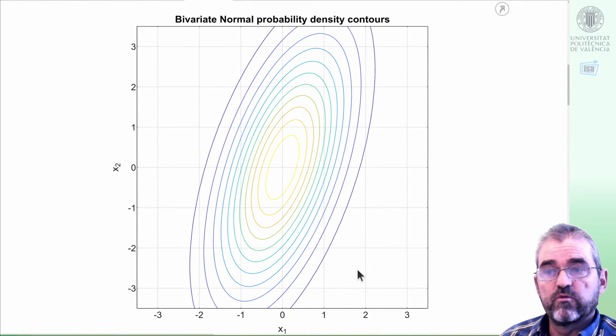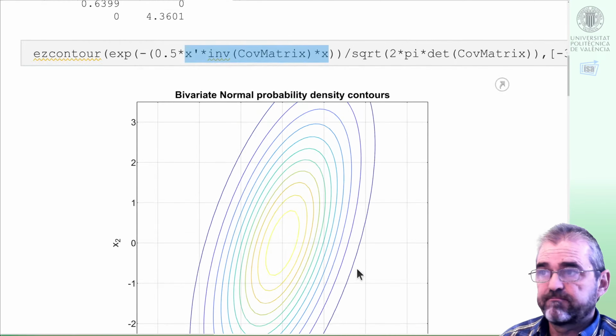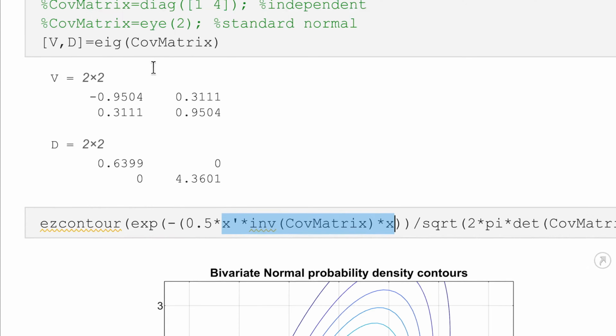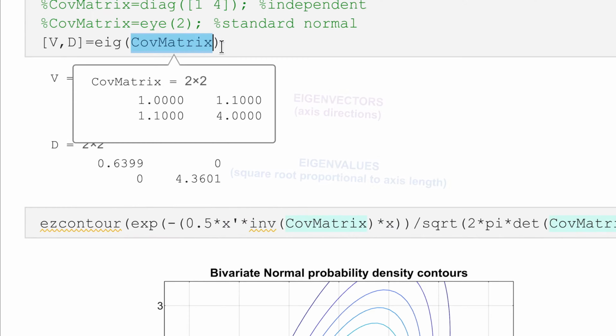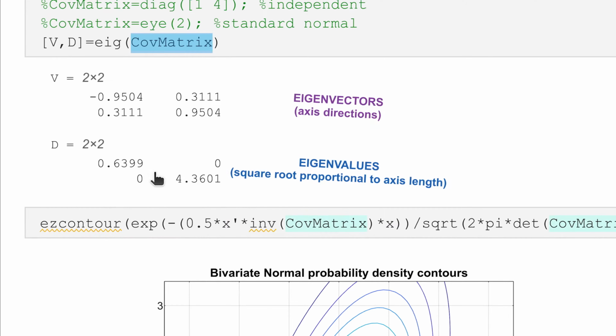Here we have the contour plot, and it can be shown from geometric arguments that if I diagonalize the covariance matrix, then the length of the axis is proportional to the square root of the eigenvalues, and the directions of the axis of this ellipse are given by the eigenvectors.